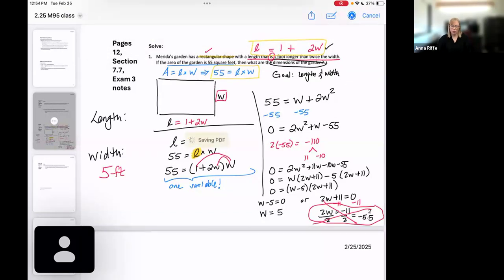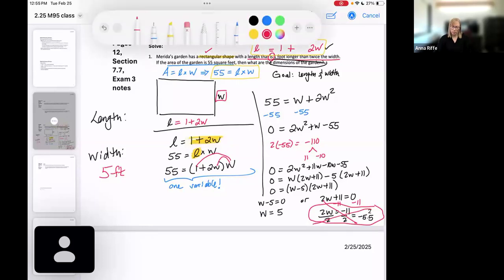Once I have the width, I can use that to find the length. Probably easiest to use this equation. Well, no, actually it doesn't really matter, but I think to me that equation is the easiest method by which I can find the length. We'll go here.